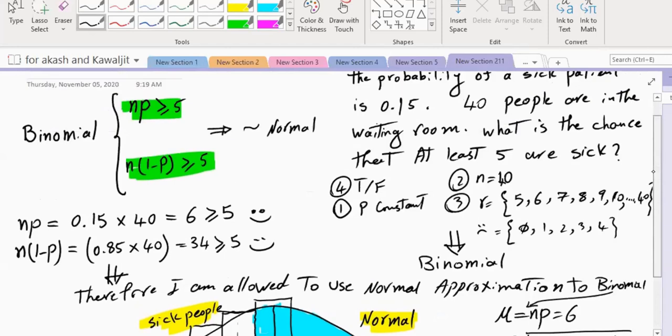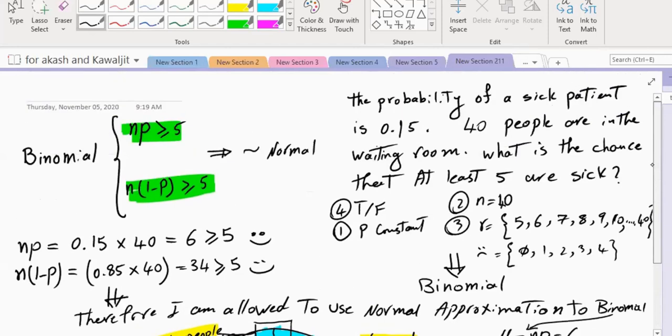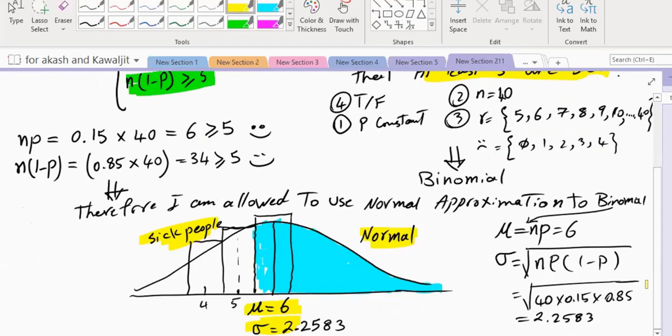Let's read the question again. At least 5 or 6. So that means 5 or more than 5. So are we really interested in that column above 5? Half of it, yeah. Why half of it? Because it says 5 or more than 5, right? So 5 must be included.